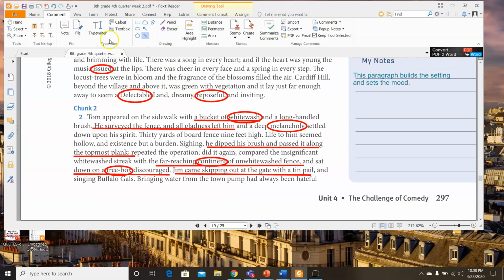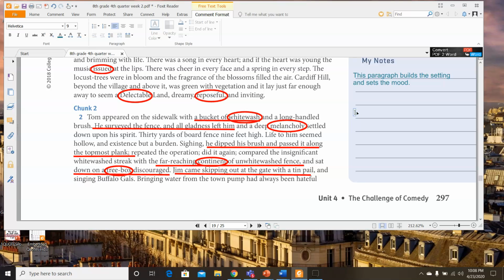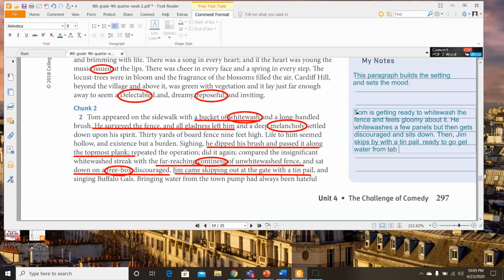So on the side here, I'm going to jot down a note about the events that are happening that are contributing to the plot. So I have Tom is getting ready to whitewash the fence and feels gloomy about it. He whitewashes a few panels, but then gets discouraged and sits down. Then Jim skips by with a tin pail, ready to go get water from the well.